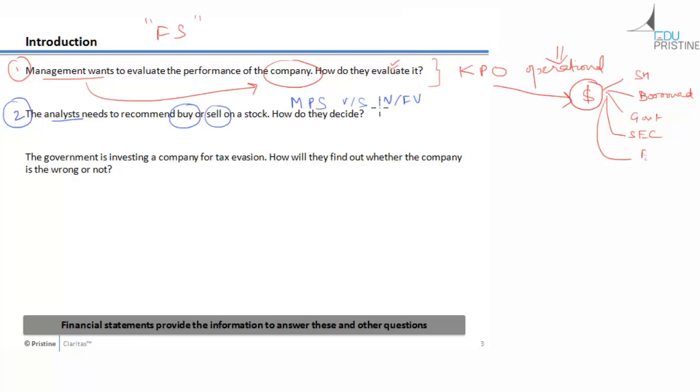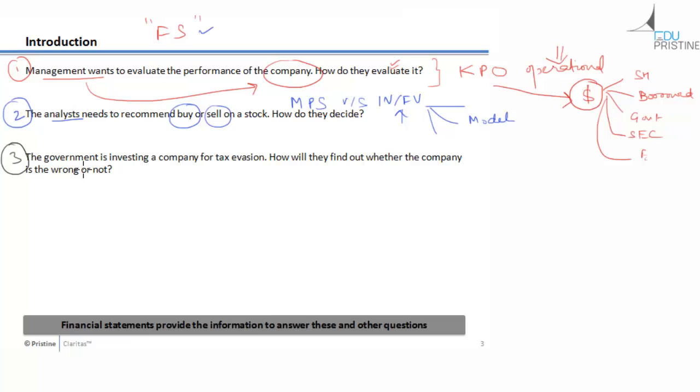The point is, how do we calculate this intrinsic value and fair value? There are different valuation models for it, and those valuation models use some of the terms which are derived from the financial statement. The third such scenario, and again like I'm saying, it is only illustrative, these are not the only watertight or exhaustive list.